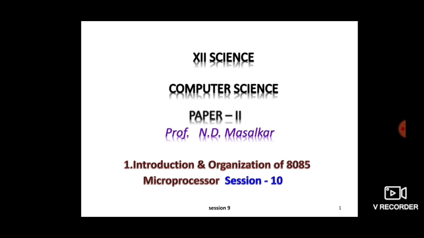Students, in this video we are going to solve a problem based on the flag register in 8085. Already in the previous session, we have seen the flag register in the 8085 microprocessor, where the flags are set or reset according to the answer from the ALU.